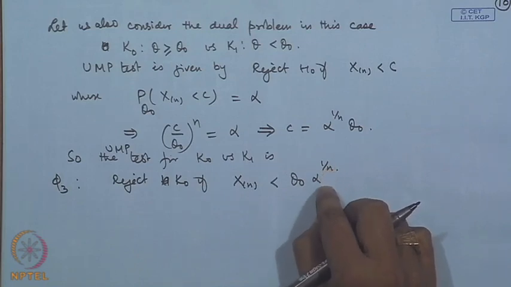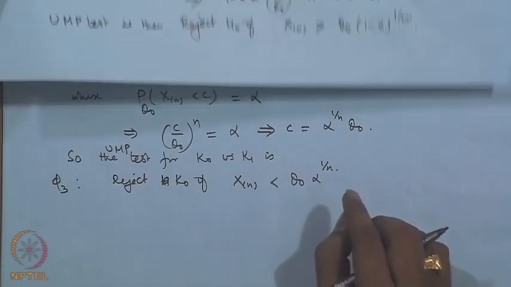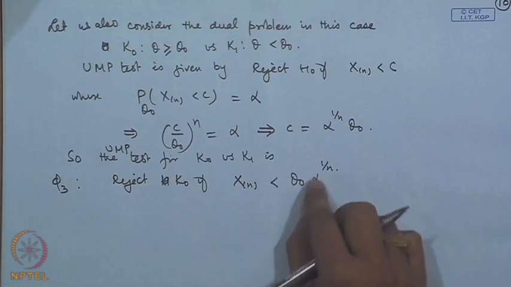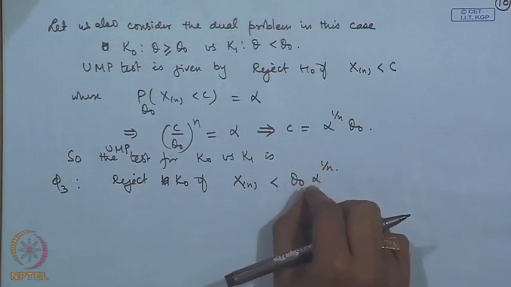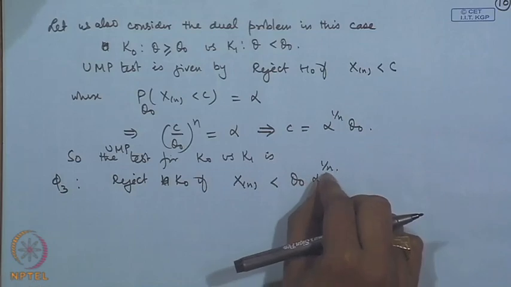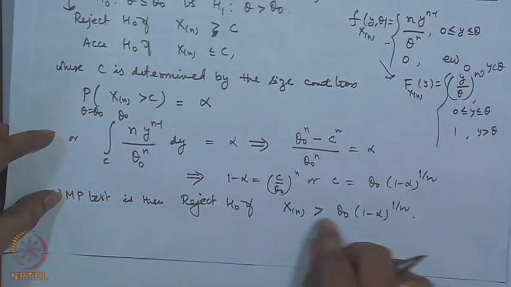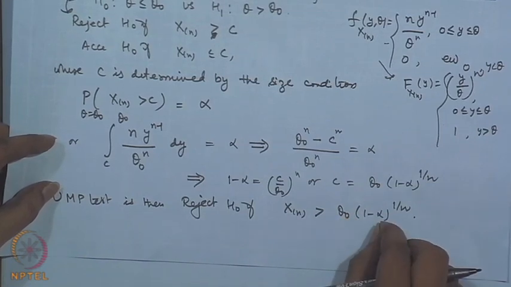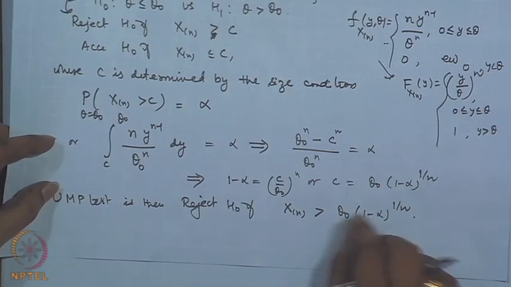Notice here that in both the cases we have shifted a little bit from theta naught. Note here this alpha is less than 1, so alpha to the power 1 by n is also less than 1. So the cutoff point is a little less than theta naught, and for the other one the cutoff point is again a little off from theta naught, not exactly theta naught.